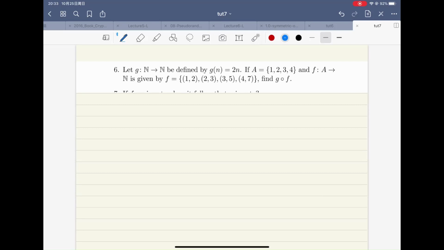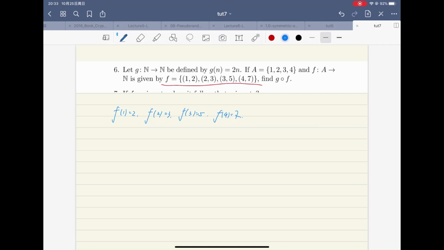So we have f here, f equals (1, 2), (2, 3), (3, 5), (4, 7). We have 4 ordered pairs. So the images of A should be f(1) equals 2, f(2) equals 3, f(3) equals 5, and f(4) equals 7.